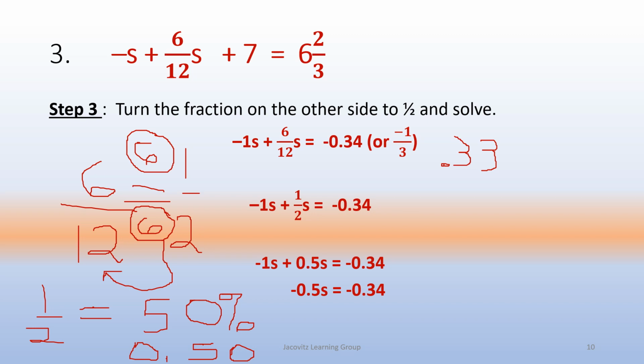So now you have this here. -1s minus 0.5s. And we're taking this to the other side. These two cross out when you do its negative. So let's go on to the next slide.